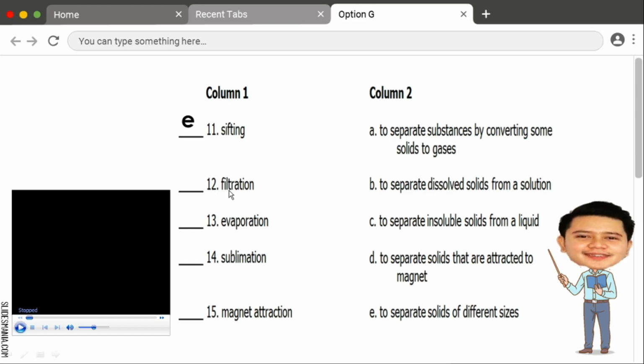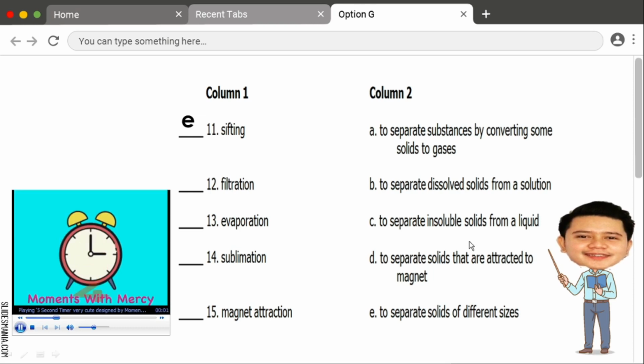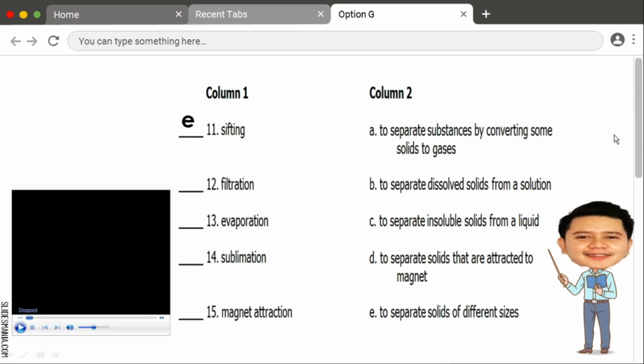Next, number 12. Everybody say filtration. Filtration. Where's the filtration here? Alright, time's up. Filtration is to separate insoluble solids from a liquid, okay? Next, evaporation.